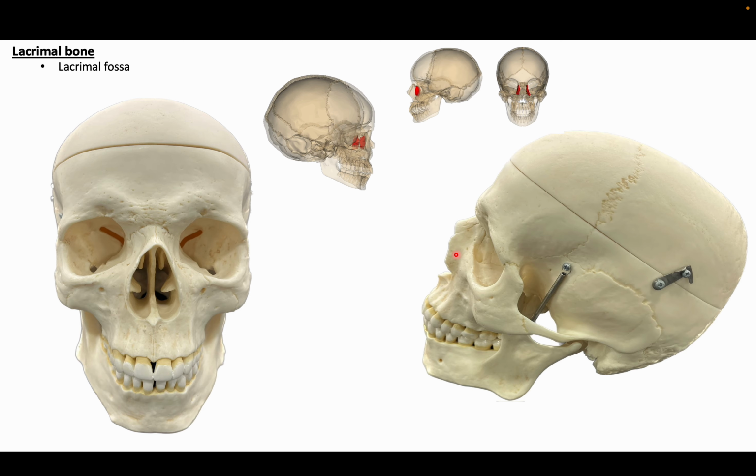It's clearer from the lateral view. Within the lacrimal bone, hopefully you can see the indent right here. This opening, this little concave surface, is the lacrimal fossa, which is a site for tear drainage.